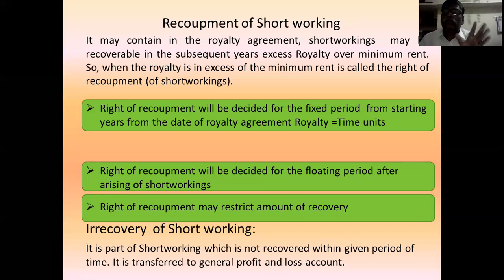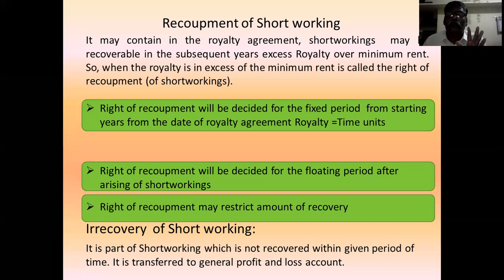About these points, you once again remember: what is royalty, how to calculate royalty, what is minimum rent, and the difference between minimum rent and royalty. Excess of minimum rent over royalty is called short working, and how to recover short working, then how to show the irrecovery amount.